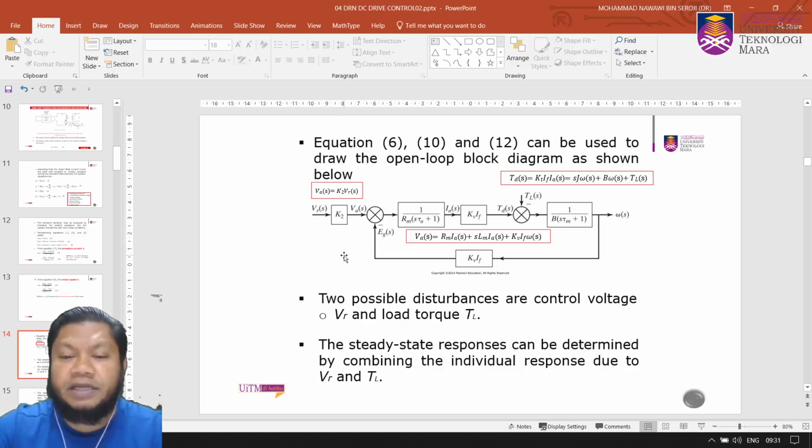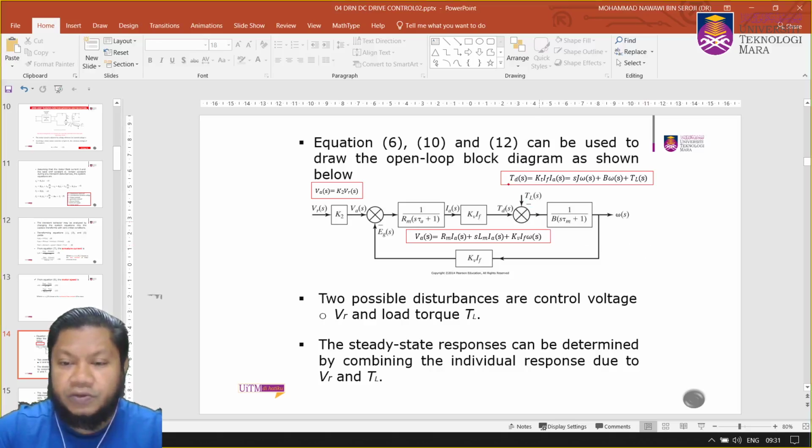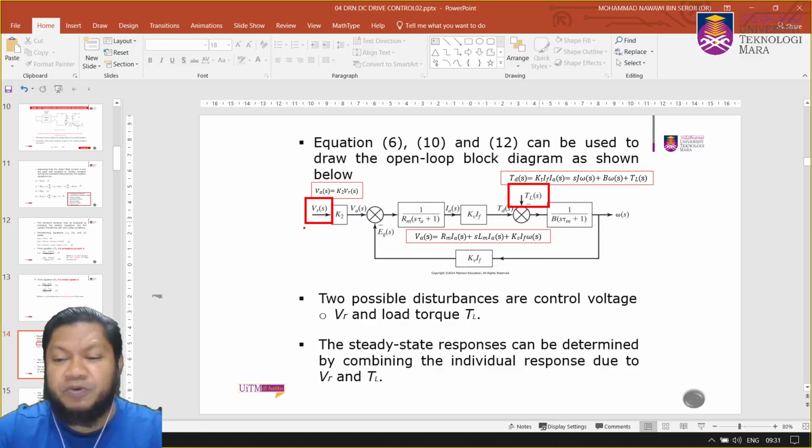Then from that, the whole system here, we can see how the load and this reference voltage... this is not the input voltage, this is a reference voltage. Reference and input is a bit different. So what happens to the motor here if it is subject to load torque and reference signal changes?